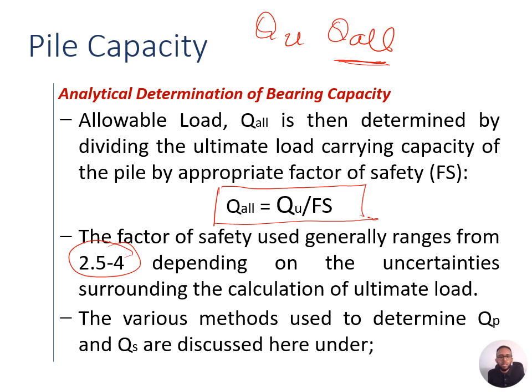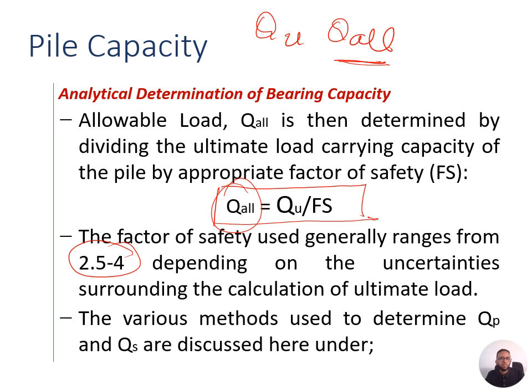You may increase the factor of safety so that you lower the value of Q allowable, which means you assume the load carrying capacity of that pile is lesser, so that you can have a better design for that single pile. These ranges depend on the uncertainty or the soil type. For example, if you have a weak soil, you may increase the factor of safety so that you can have a good design for your pile foundation.